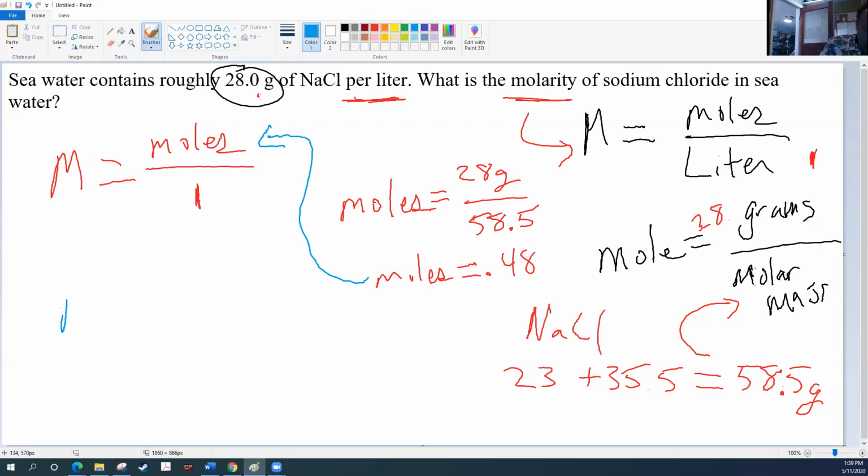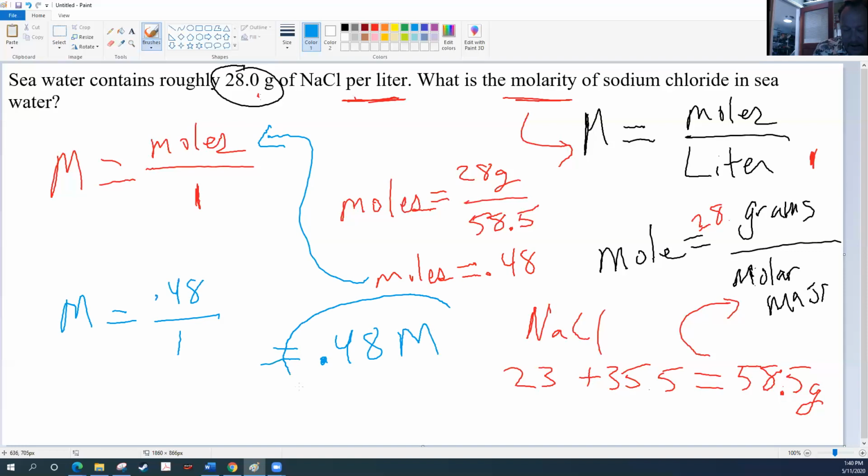Then in the end, molarity equals 0.48 divided by 1. So the answer for this problem is 0.48, and it's a capital letter M, so we need to put a capital M after this, and that lets us know that it's 0.48 molar. Okay. So that's how you do that problem.